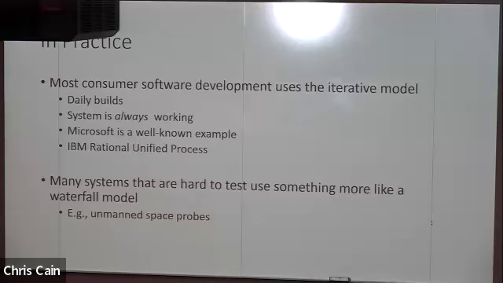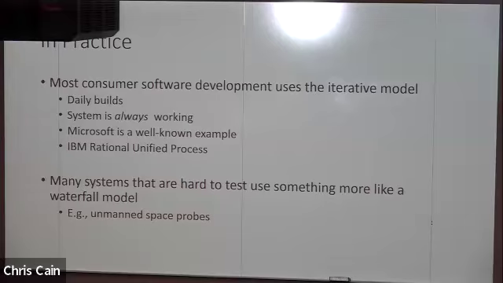So in practice, there is some kind of iterative model. In most professional software, there are daily builds, something like Outlook has a daily build. The system is always working, you're always using the most up-to-date build.